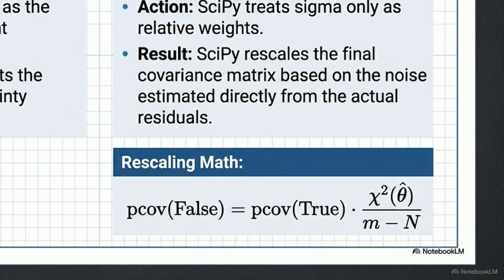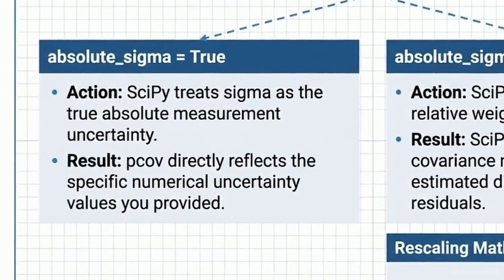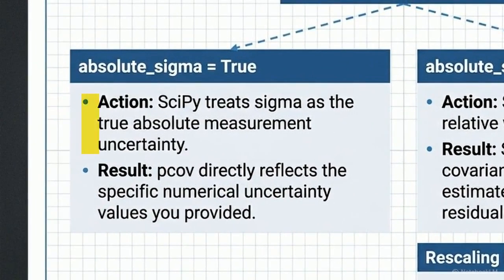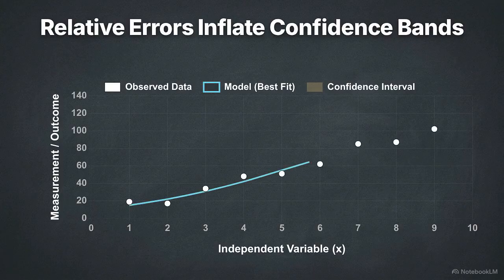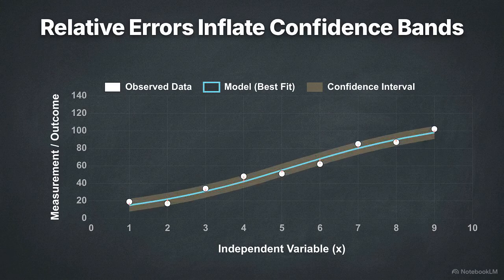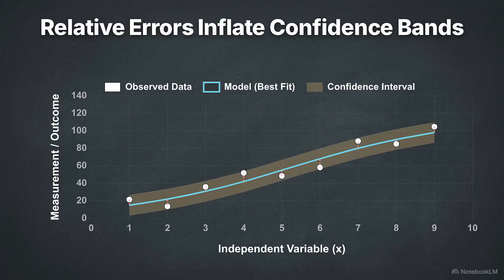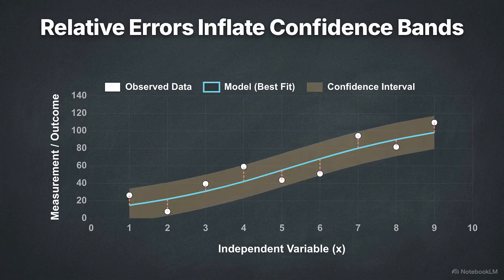Setting absolute_sigma to True bypasses this rescaling entirely. It forces the covariance matrix to treat your provided sigmas as absolute true measurement uncertainties. If you leave this parameter at its default setting while expecting absolute error calculations, the standard errors returned by curve_fit will be relative, potentially leading to wildly misleading confidence intervals.